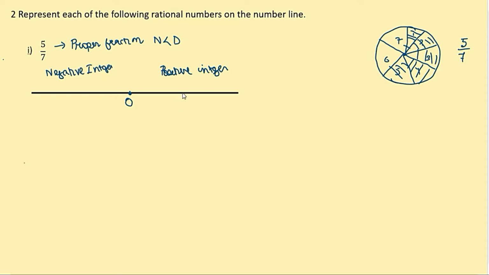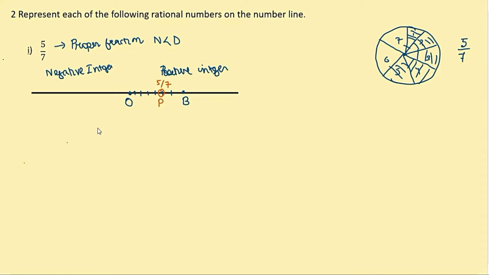Now let us take one point, that is B, so OB, and let's divide this OB into 7 equal parts. 1, 2, 3, 4, 5 and 6, 7. 7th part is B. Okay, so out of that which will be 5 by 7? So 5 by 7 will be 1, 2, 3, 4, 5. So this part will be 5 by 7 and let's represent it with P.